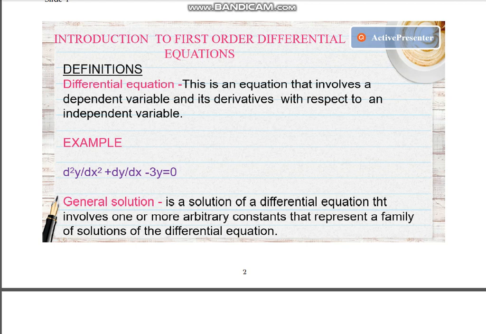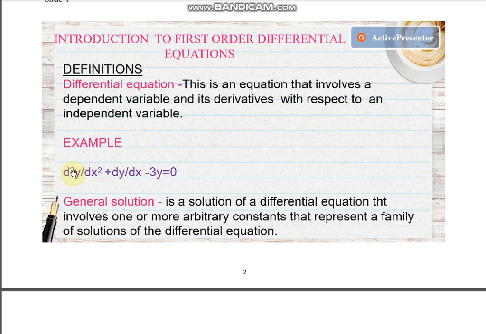Basically, this is an equation that involves a dependent variable and its derivatives with respect to an independent variable. For example, I've provided here an example of a differential equation.